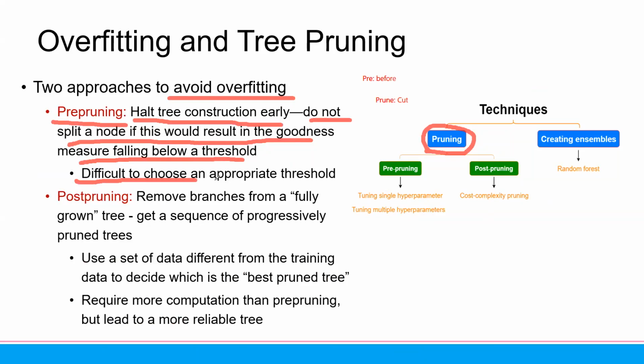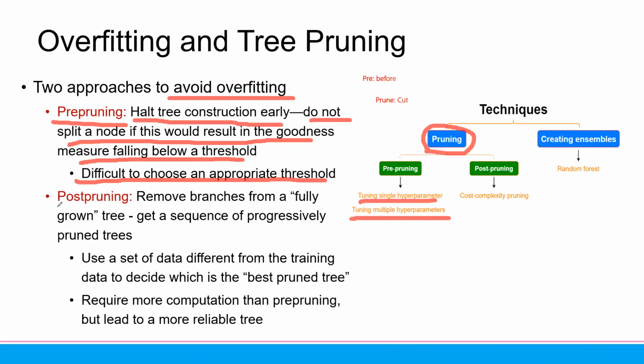This is difficult because we need to choose an appropriate threshold. This is the most difficult part because maybe we need to tune a single parameter or we need to tune multiple hyperparameters.